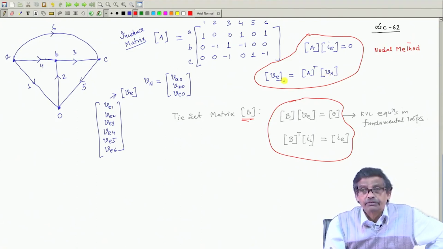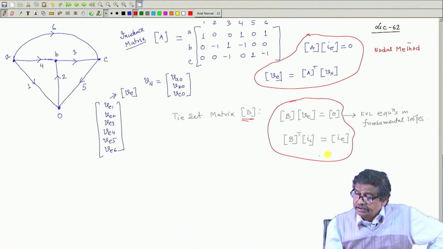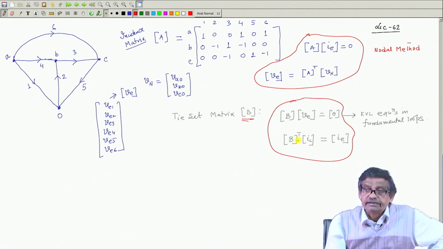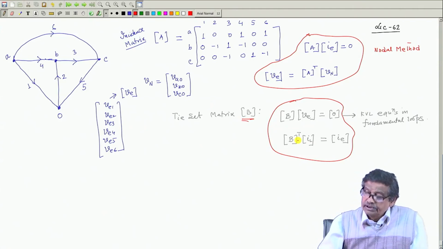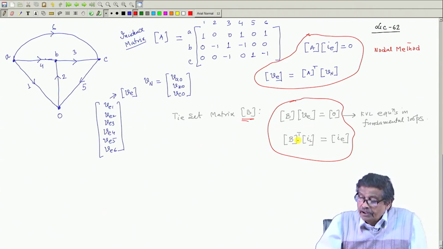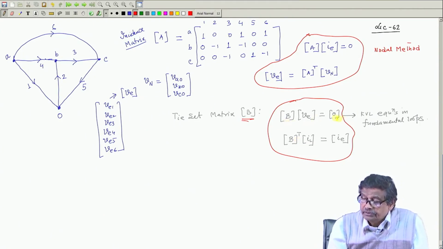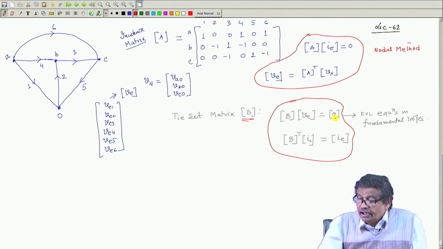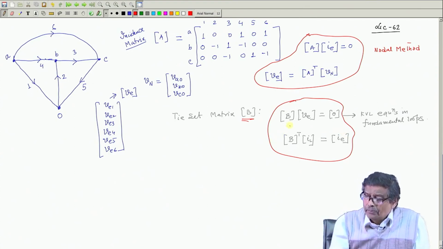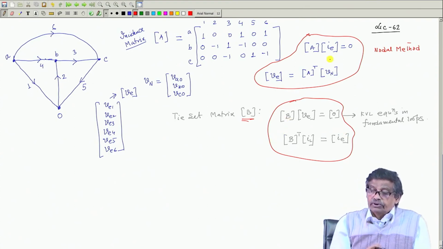So, this equation will be necessary. Similarly, this tie-set matrix will be utilized to solve network problems by loop equations. So, I have to write down the KVL equation B V equal to 0, and then I have to find out the loop currents using this one. I must relate loop currents with the element currents, and about the dimensions I have already told you.